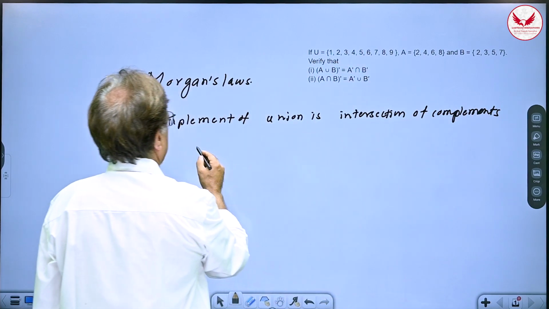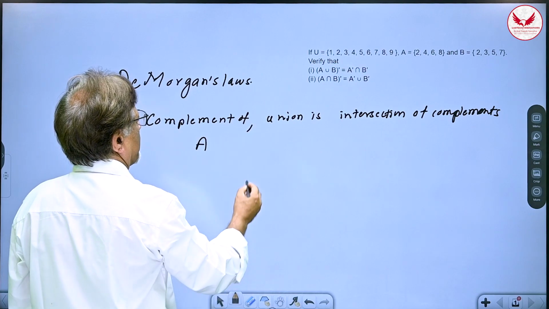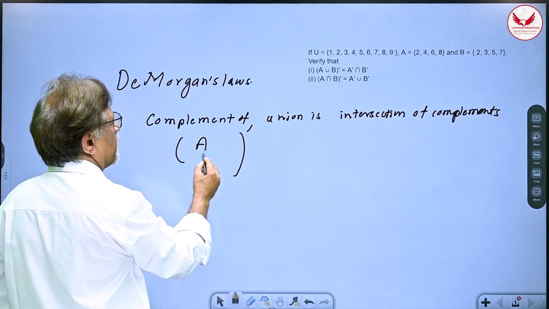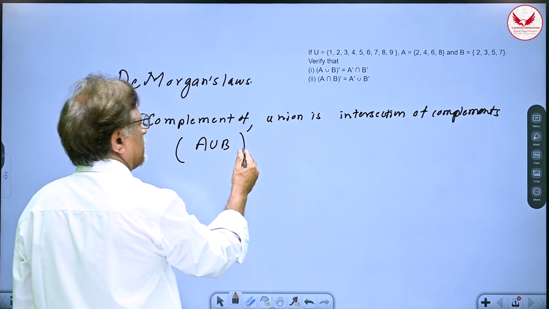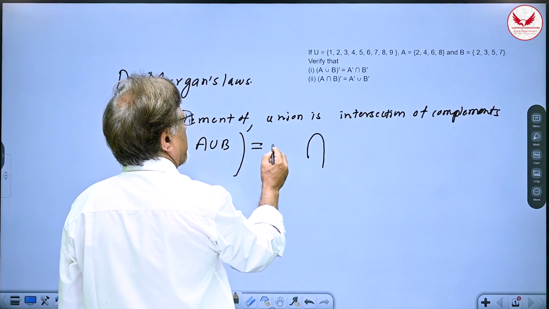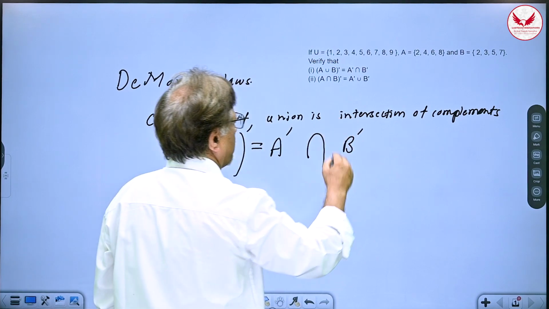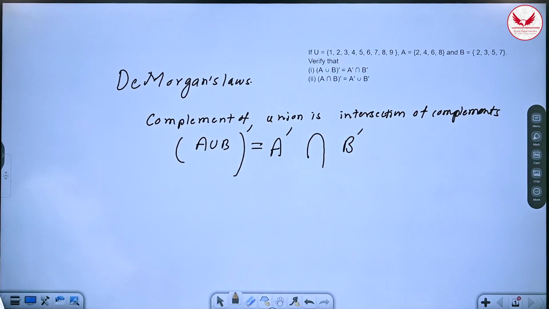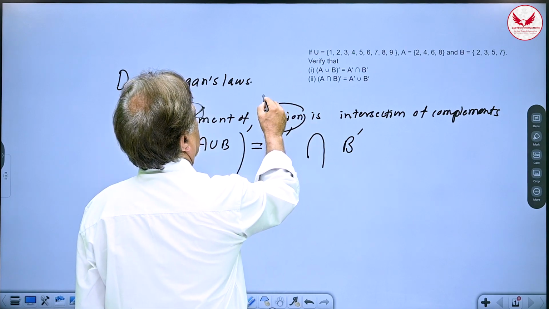That means if I take the complement of A union B, the complement of union is equal to the intersection of complements. That means A complement and B complement. Okay. Now these words are interchangeable. In place of union, I can write intersection.